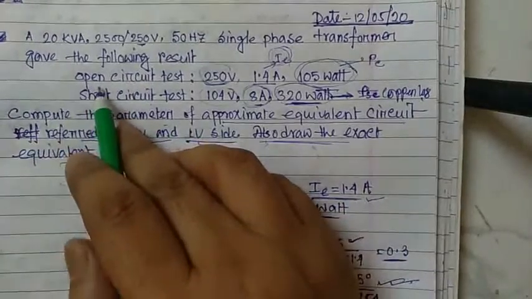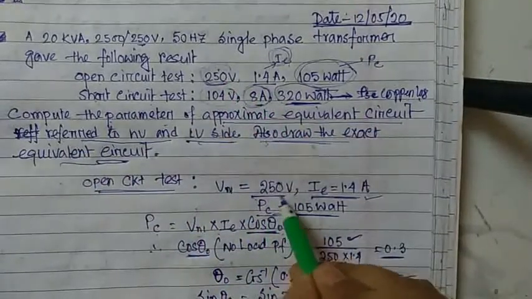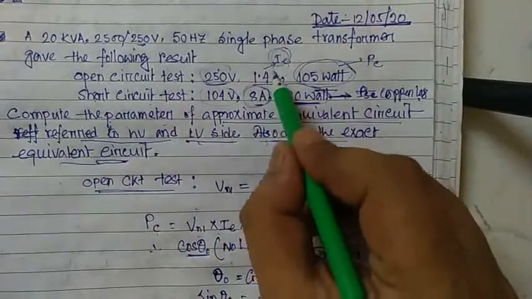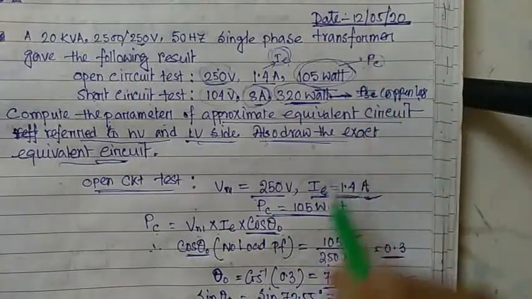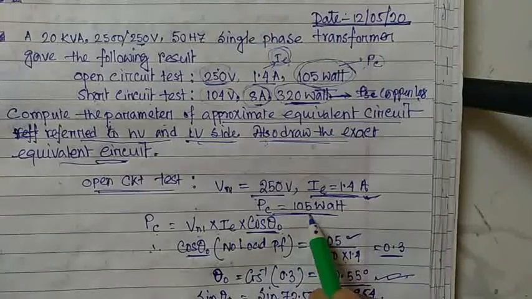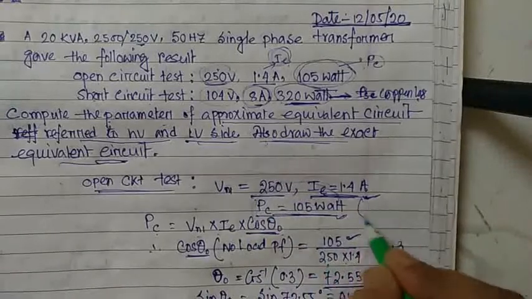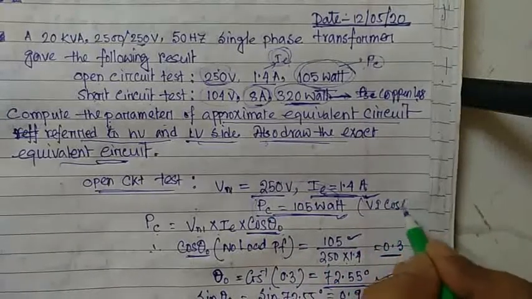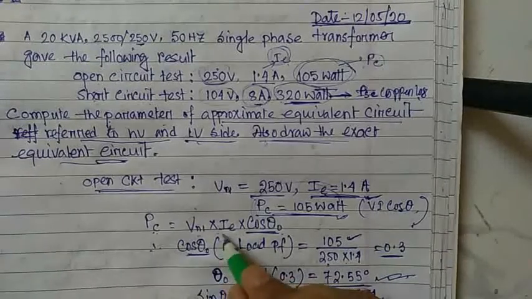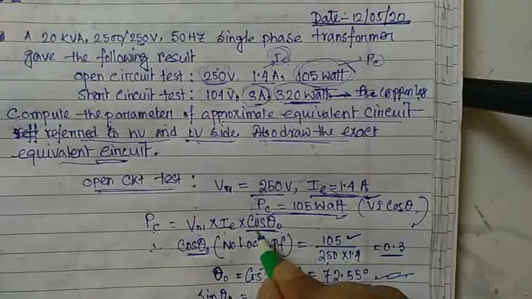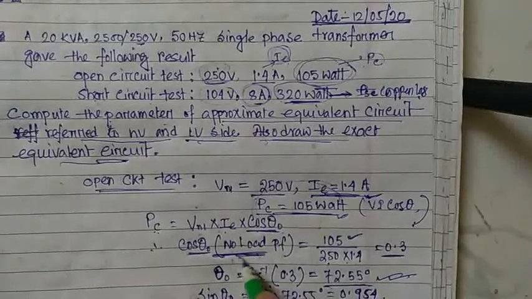Now from the open circuit test data, the no load voltage VNL is 250 volt, 1.4 ampere is the exciting current, and the core loss PC is 105 watt. Power is V into I cos theta, so PC is VNL into IE into cos theta 0, where cos theta 0 is the no load power factor.